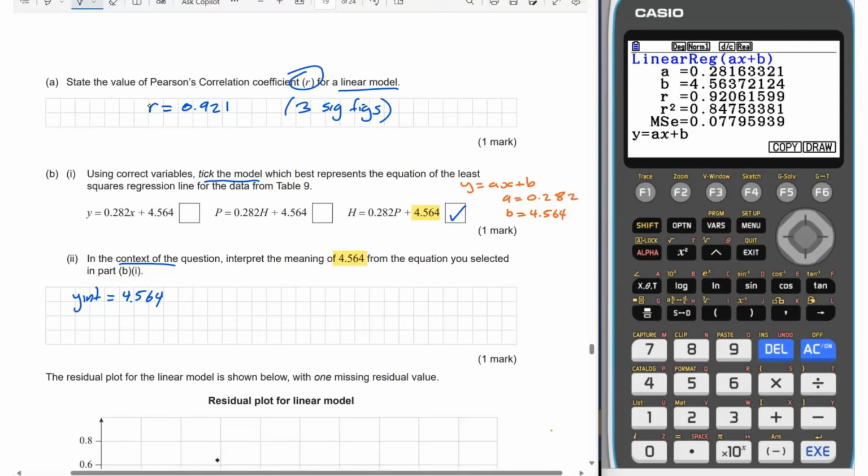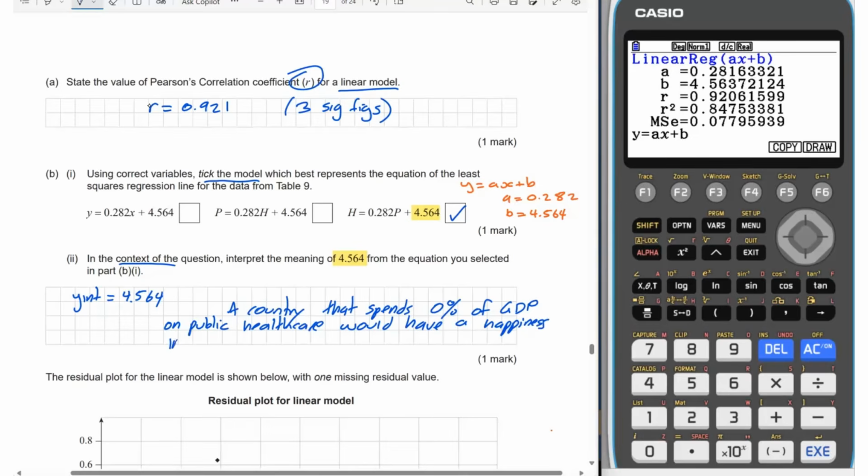So the context is us saying that a y-intercept is when x equals 0, and in our case, the x value is the GDP. So a country that spends 0% of GDP on public healthcare would have a happiness index of 4.564.